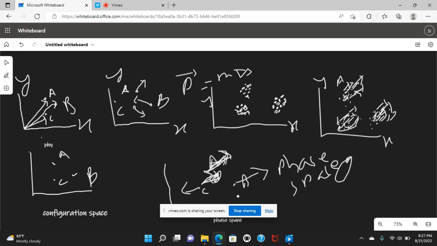In phase space, we are not only considering the positions, but also their respective velocity and momentum.